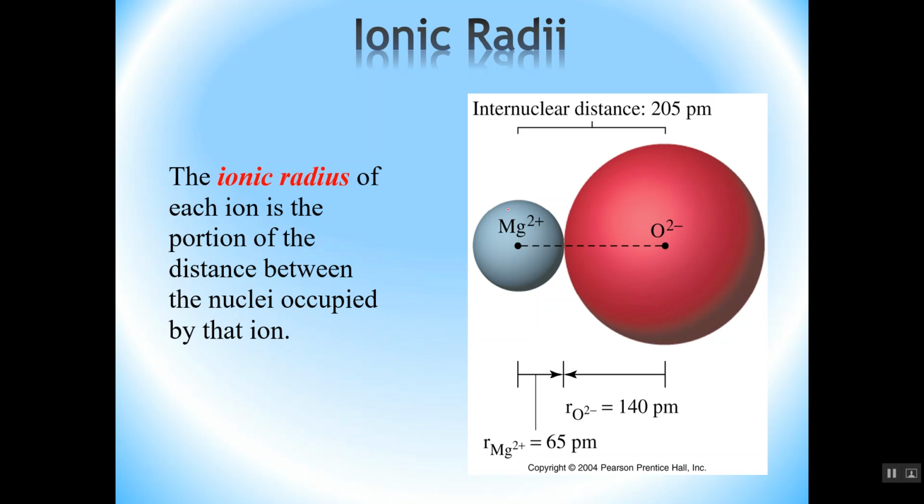So magnesium here, as you can see, is smaller compared to the oxide ion. And as you can see here, the radius of the magnesium ion is 65 picometers, while that of the oxide ion is 140 picometers, all right? So the internuclear distance would be the sum of these two, which is equal to 205 picometers.